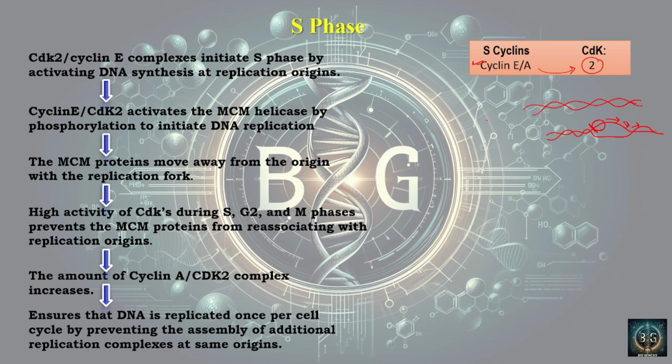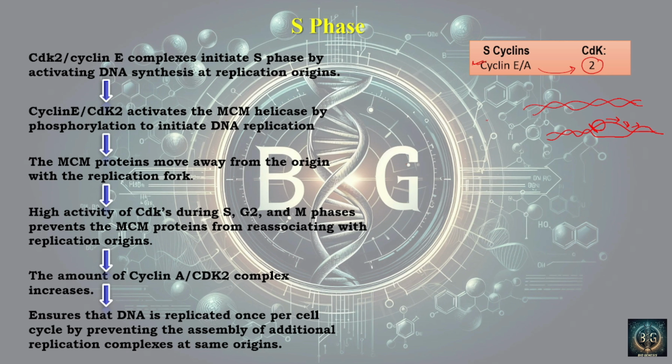It ensures that in a cell, DNA is replicated only once, not twice. DNA is replicated only once per cell cycle. So, in this case, cyclin A-CDK2 prevents the assembly of other replication complexes.